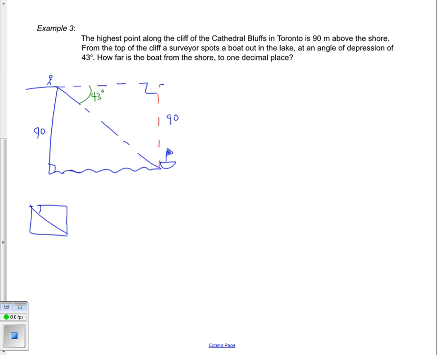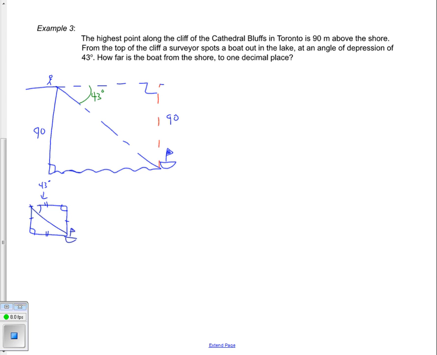You've been given this angle right here, and we know that angle is 43 degrees. This is a right angle, this is a right angle, same deal. The boat's down here. Because it's a rectangle, these sides are all parallel.